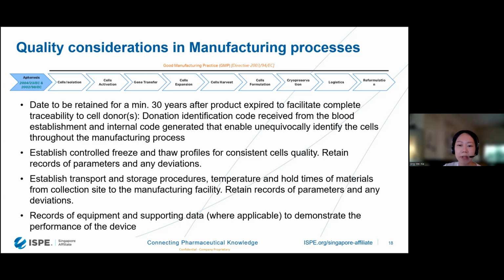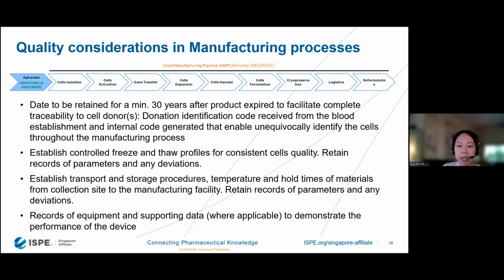Cellular starting materials are sensitive to shipping conditions and temperature excursion. Transport and storage procedures and temperature conditions from the point of collection to the point of manufacture should be closely monitored, and procedures should be in place for timely notification of any deviation. Temperature records and deviation records should be kept for traceability.